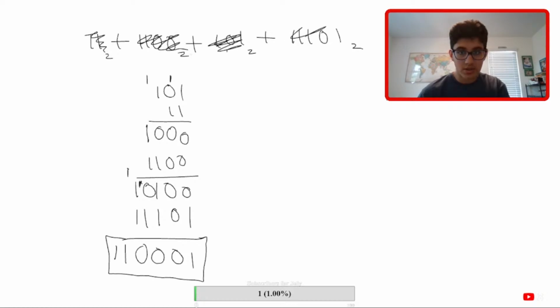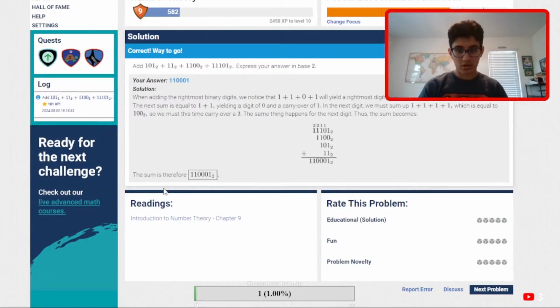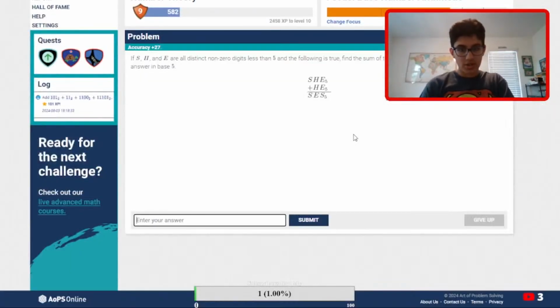We added up all of them using the normal adding in a different base, not using any conversions or anything. So that's good. 1, 1, 0001. Okay, perfect. Got it. And I guess you could have done it all at once as well. That would have worked too, but that would have made it a bit more complicated.